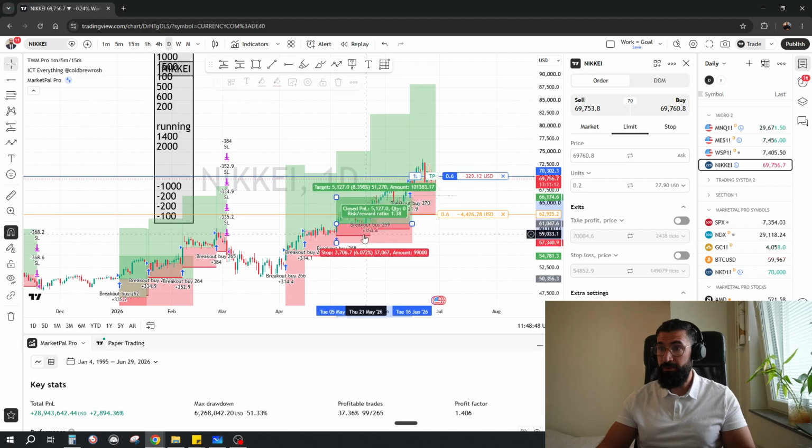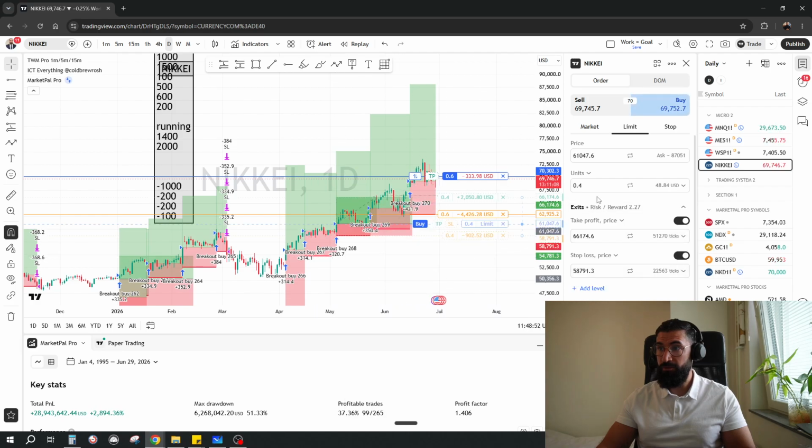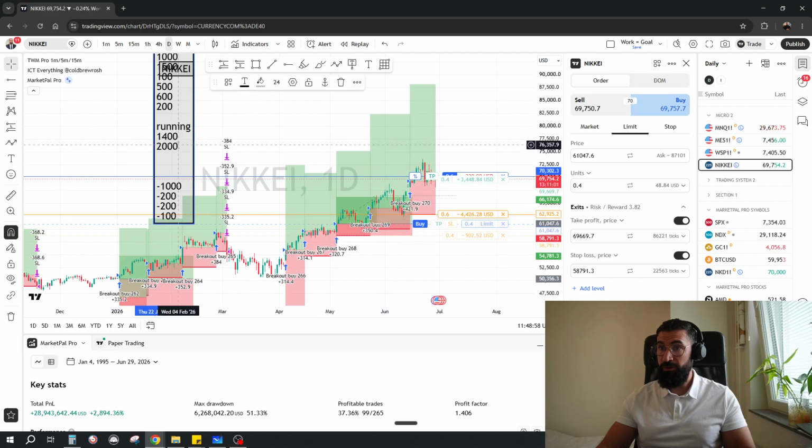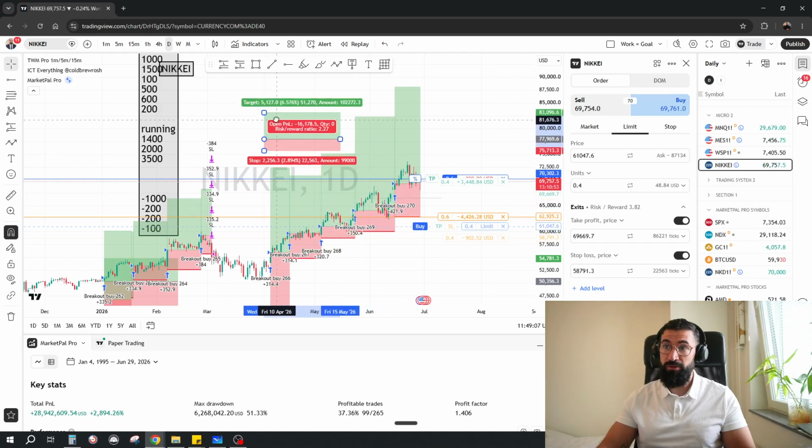We have another entry right here. These are beautiful stop loss areas. Why? Because they're so tight. And we have another running trade right there with 3,000. Do you see what I'm doing? This is still running profits, by the way. These are not closed.